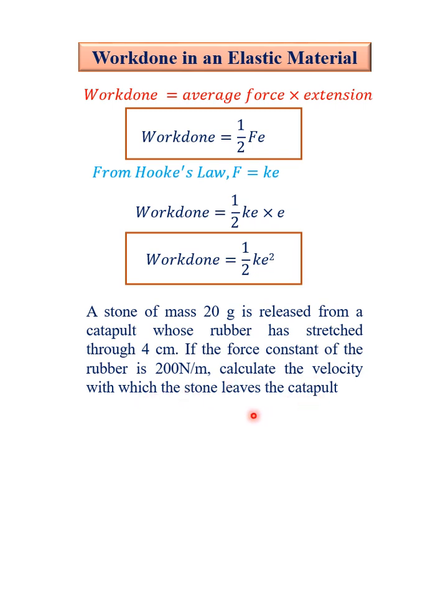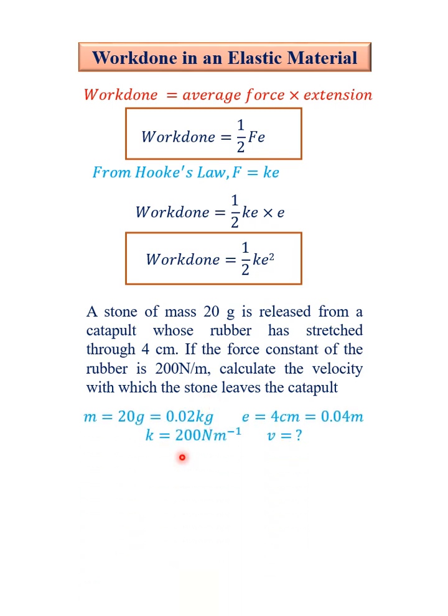So in this instance, the catapult possesses an energy because the catapult is made of rubber, so it possesses elastic potential energy. And like I said before, energy and work done have the same formula. So based on the parameters given, we are going to calculate the elastic potential energy of the catapult that is later converted into kinetic energy of the stone.